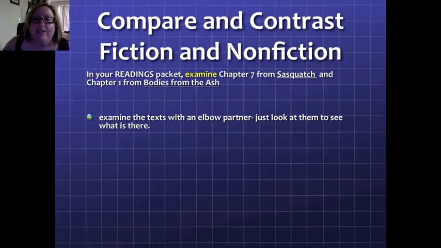When you finish looking at Sasquatch, continue on in your readings packet and look at Bodies from the Ash. Same thing. Take 2 minutes with your table or an elbow partner and list the text structures that you can see in the writing.